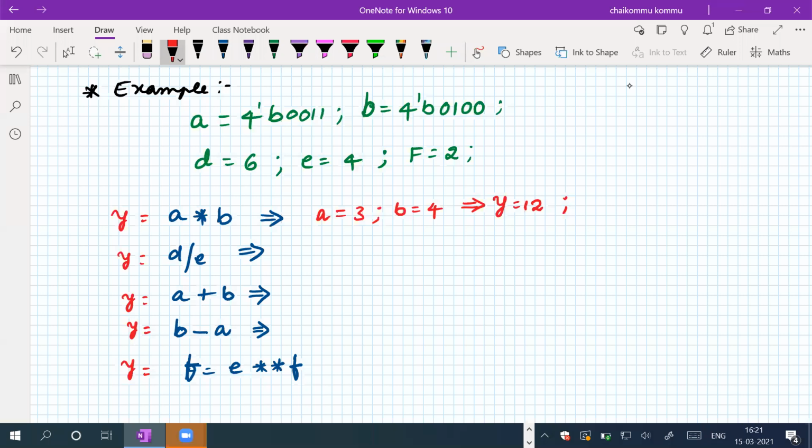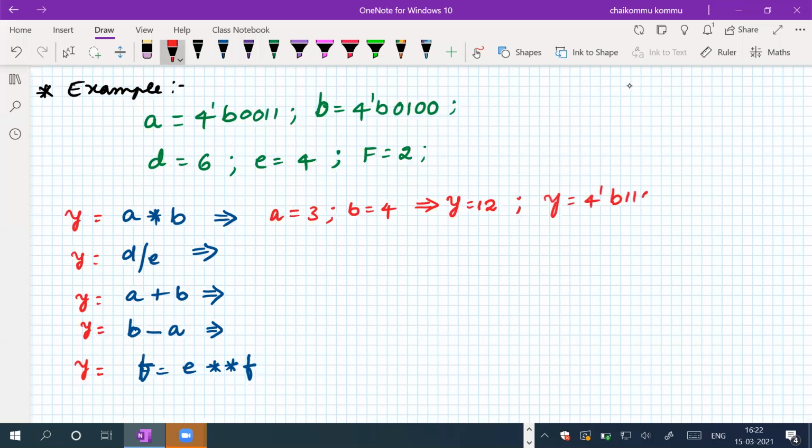Whatever the operands' data type or data representation is, the same way it produces the output. Okay. Next, what about D by E?